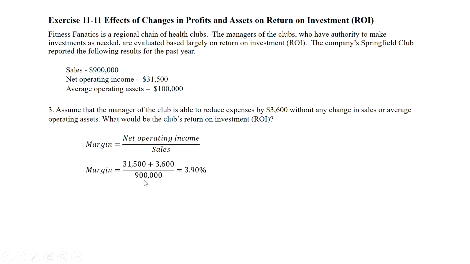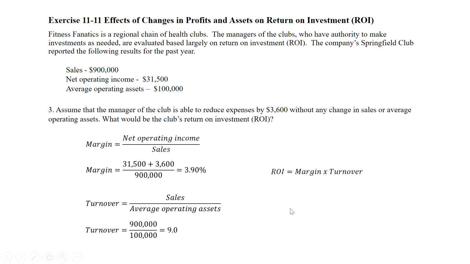Sales stay exactly the same at 900,000, and our margin is going to increase to 3.9%. Turnover, sales divided by average operating assets, has no impact. If we are reducing expenses, it's not impacting our sales, it's not impacting our average operating assets.